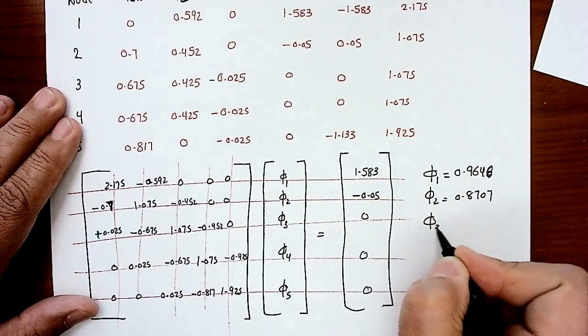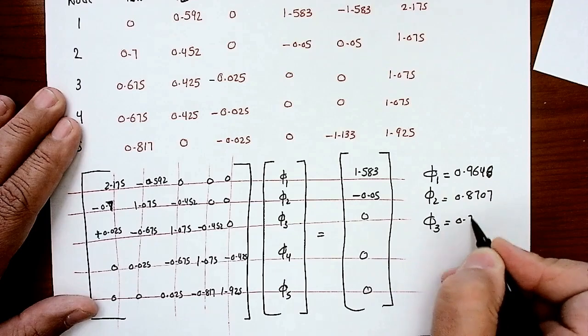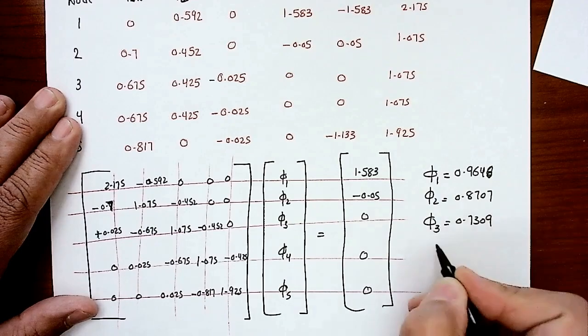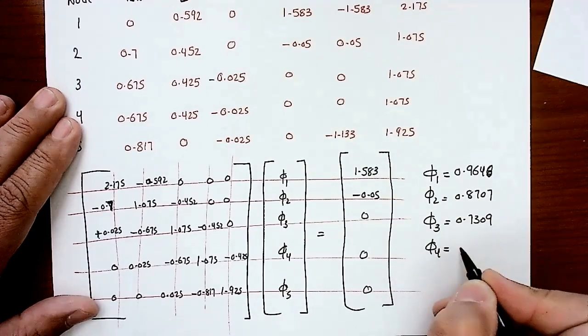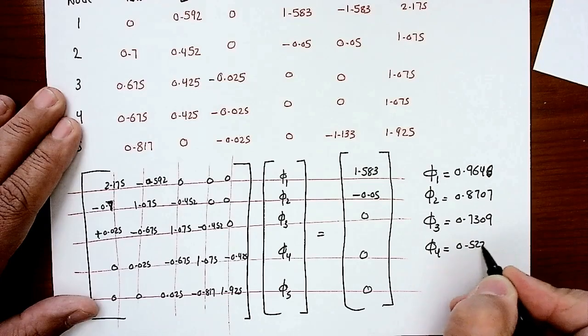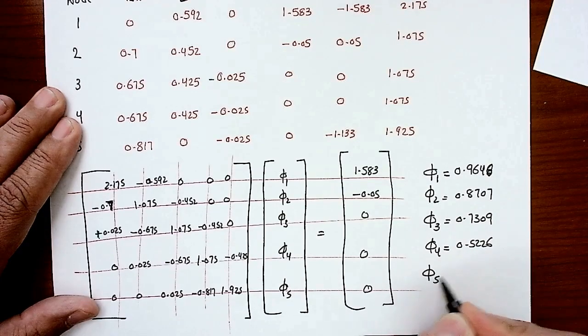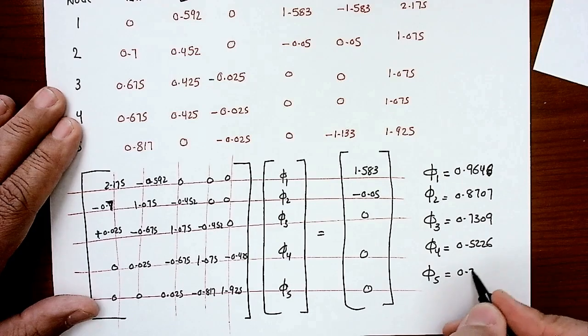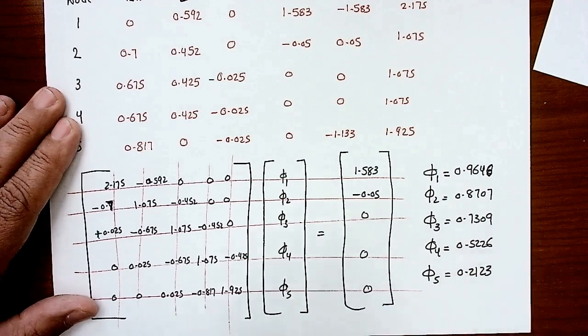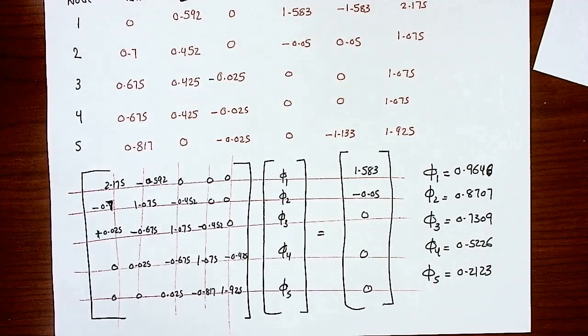I got phi 3 is equal to 0.7309. Then I got phi 4 equal to 0.5226. I got phi 5 equal to 0.2123. So this is the solution of a very long example using the QUICK scheme.